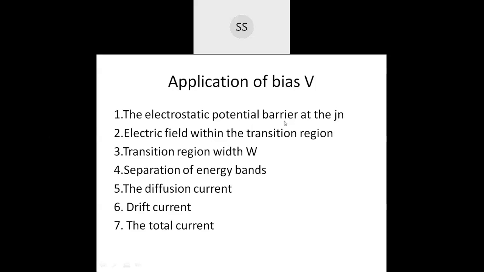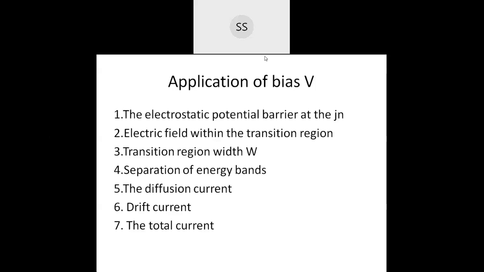So whatever the external potential is, it will completely appear across that W or the space charge region only. And that applied voltage V is considered as positive whenever the external bias is positive on the P side and negative on the N side, and we call it a forward biasing voltage.